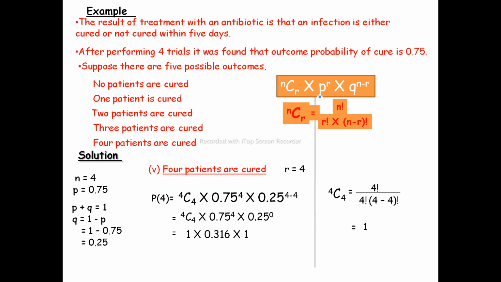That's it. Next, 0.75 to the power of 4 is 0.316 and 0.25 to the power of 0 will be 1. Anything to the power of 0 you should write as 1. So the answer is 0.316. So the probability of 4 patients getting cured is 0.316.